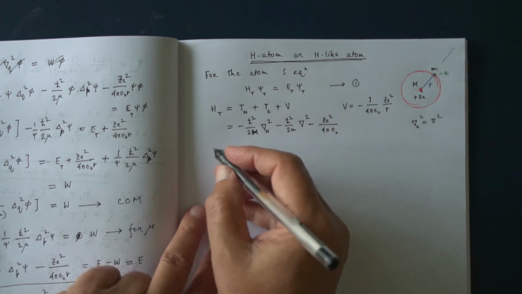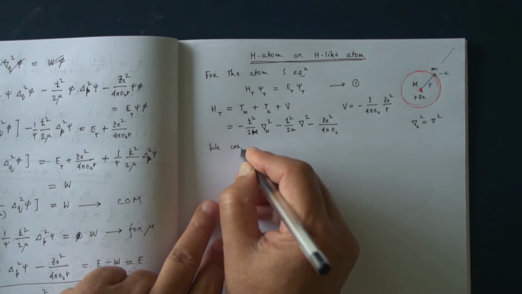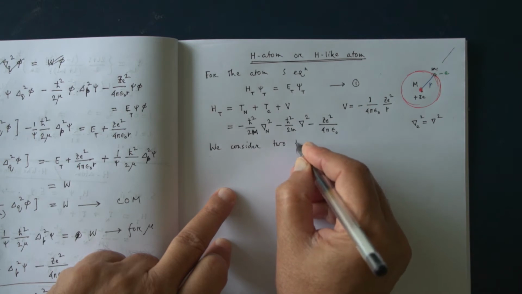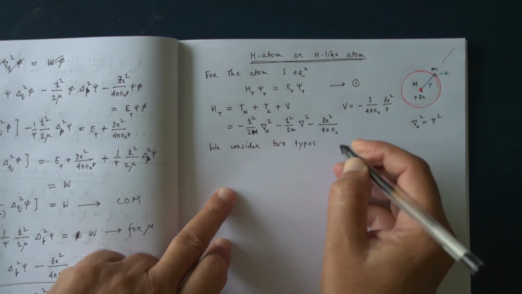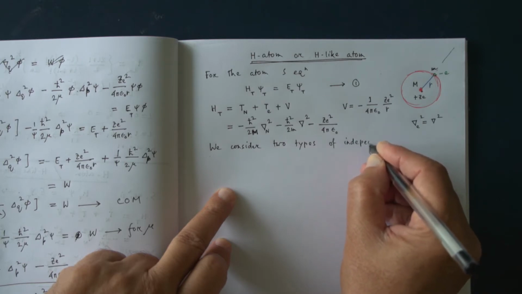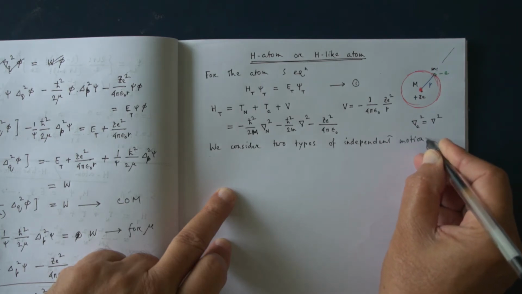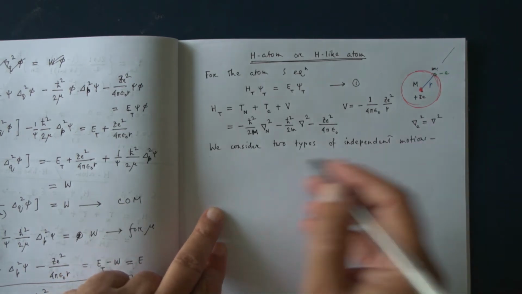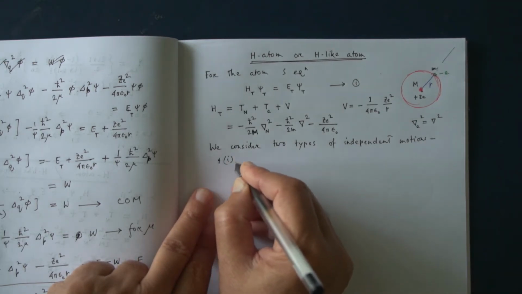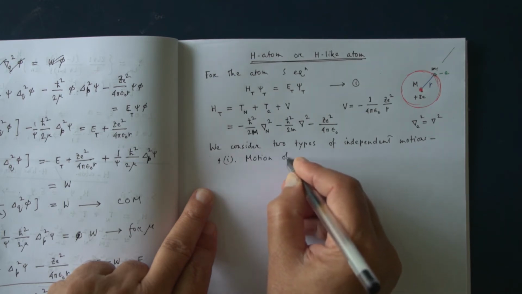But we may consider two types of independent motions. What are those two types of motions? One is the motion of the atom as a whole.